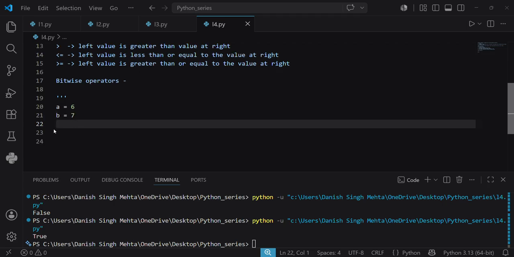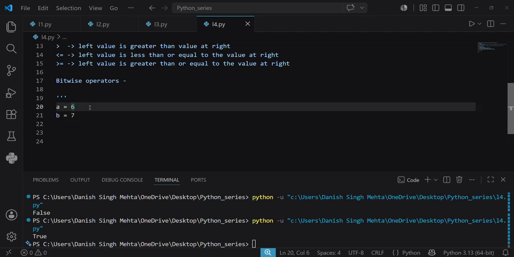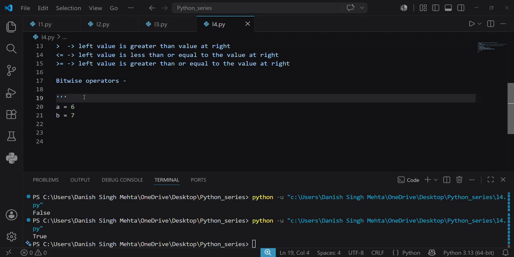If I take these two values and I want to work on the bits of these values, means how the 6 is written in binary form, because binary form is basically written in bits, right? 0 and 1. So how is the 6 written?